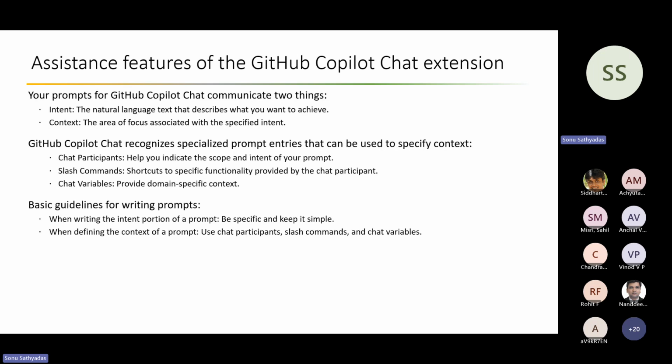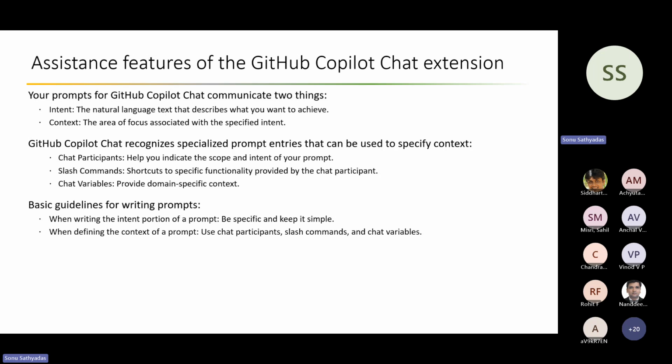Inside your prompt, you can include what you are supposed to do. That's the intent. In natural language, you will be describing what you are going to do with that operation. And also you have to include some files or a piece of code for more clarity.